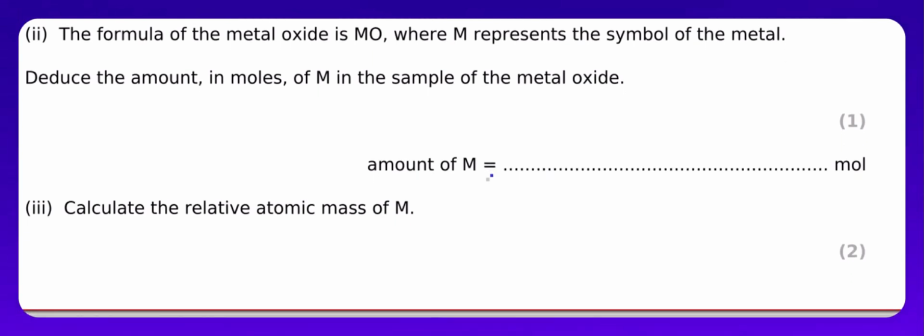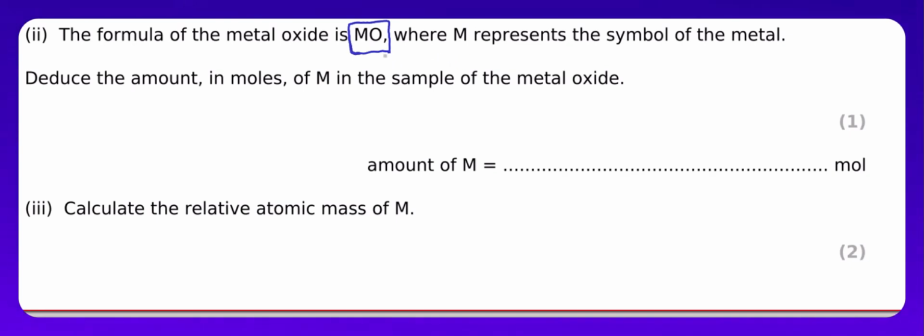The formula of the metal oxide is MO, where M represents the symbol of the metal. Deduce the amount in moles of M in the sample of the metal oxide. So there is one thing I want you to see. This is the formula of the oxide, and the M is actually representing the symbol of the metal.